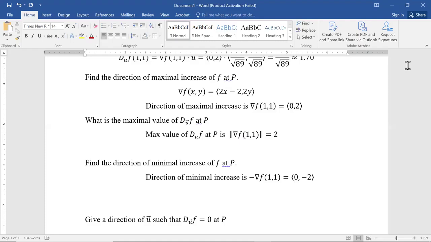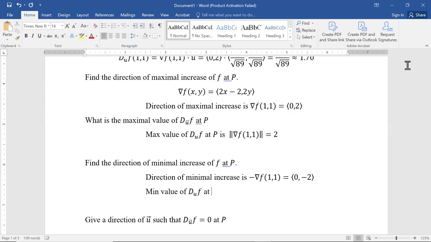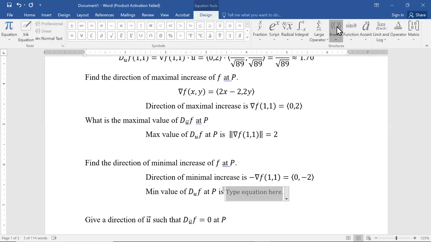And the maximum decrease value is going to be -2, or the minimum value of my directional derivative in the direction of u of my function f at my point P is going to be the magnitude of my gradient, and then negate that.